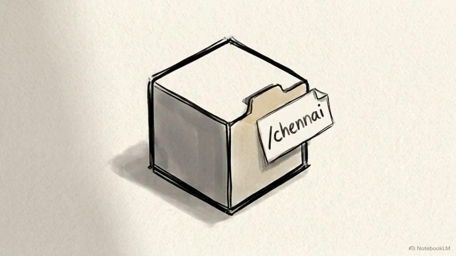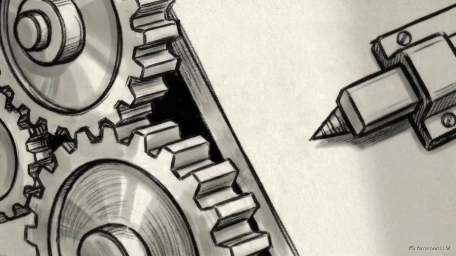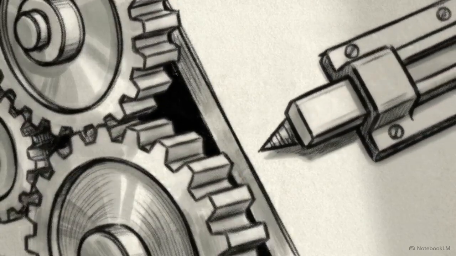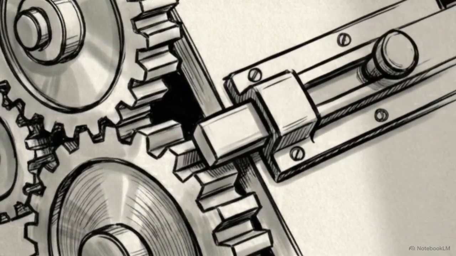We can now apply our group structure to a tangible asset, a directory named chown. First, we use the command ls -ld to audit the target directory's current permissions and see who currently owns it. Changing these permissions is like engaging a vault lock, restricting access to everyone except those we specifically designate.